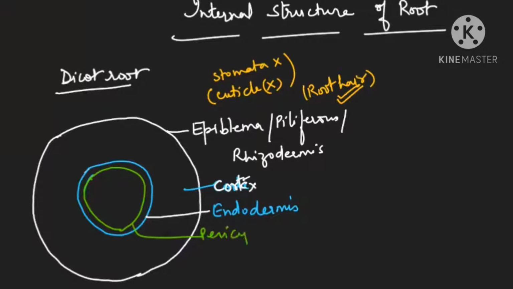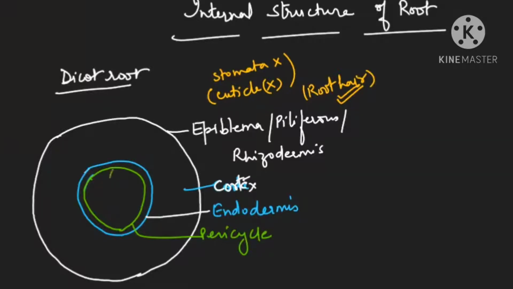And inside the pericycle, vascular bundles will be present in a radial arrangement, because we have already studied that roots have a radial arrangement of vascular bundle. Radial arrangement means one radius xylem, one radius phloem.